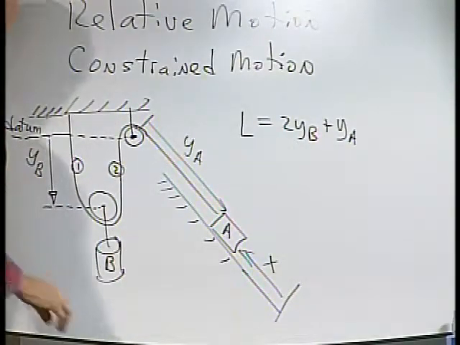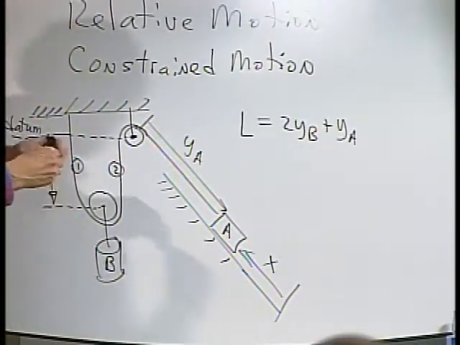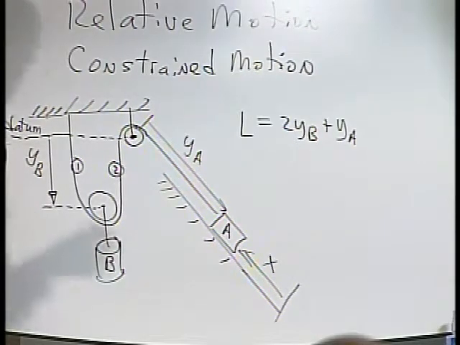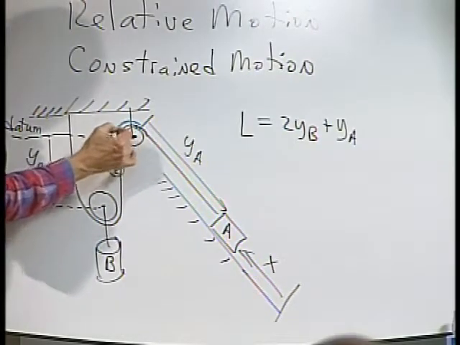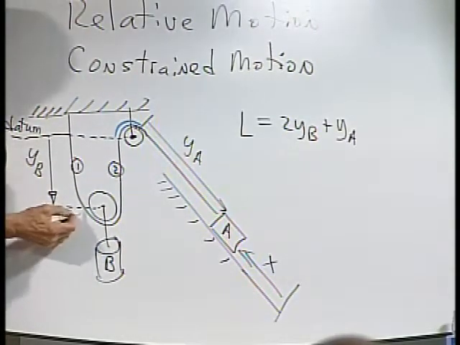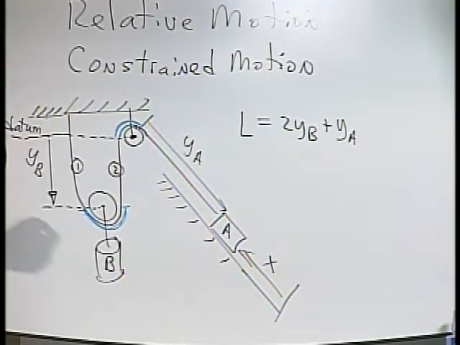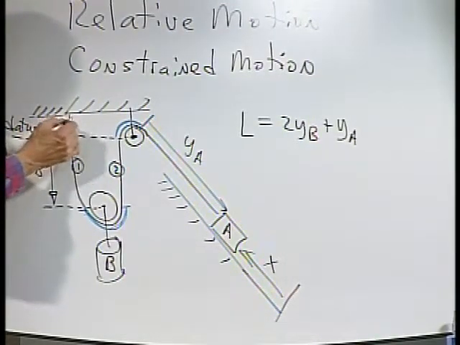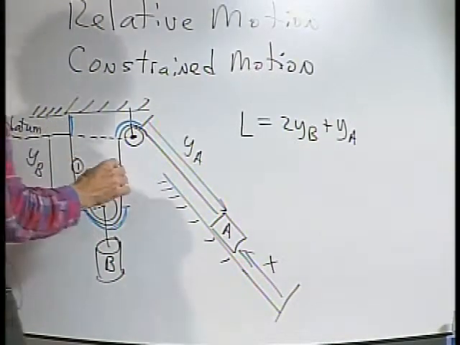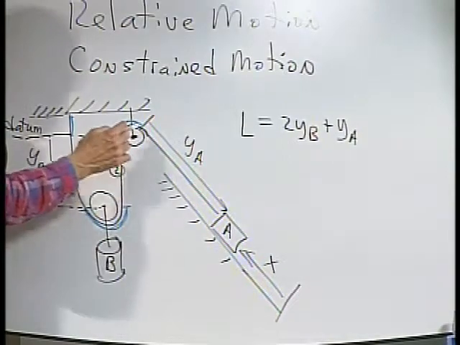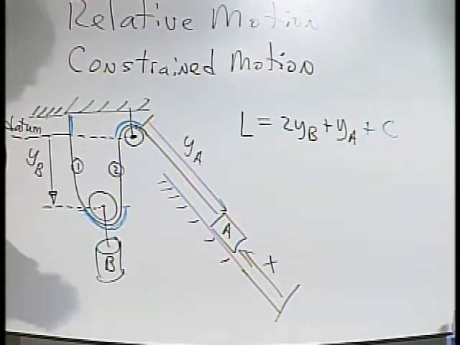There's some more stuff on that cable. Doesn't this little piece here remain constant, always there? And the piece right there, and this piece up here? So we've got this cable length made up of 2y sub b, plus y sub a, plus a portion of the length that remains constant.